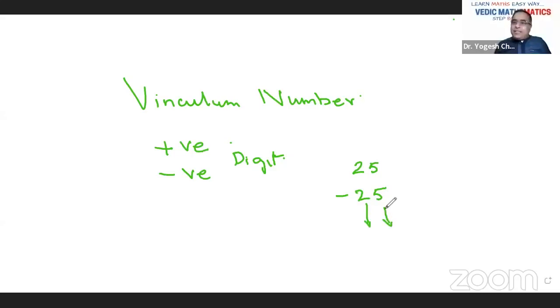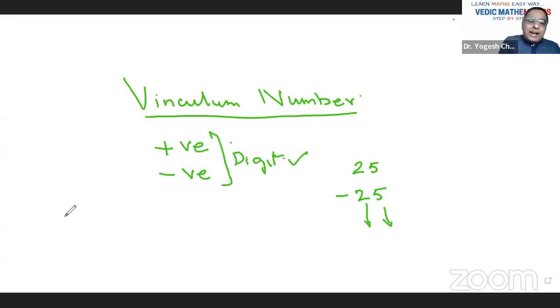No. This is a different concept in Vedic mathematics, that the same number has two different kinds of digits, positive as well as negative.